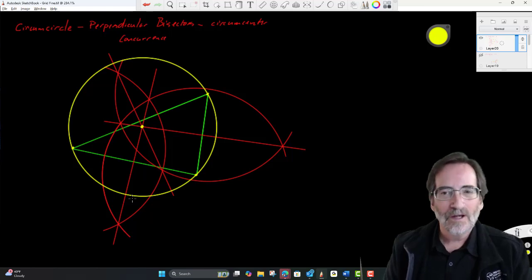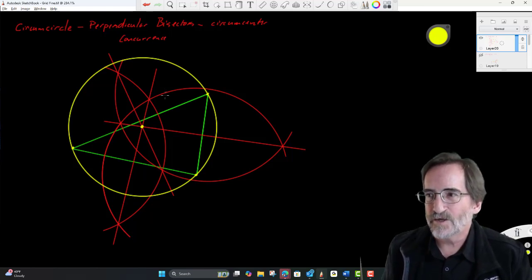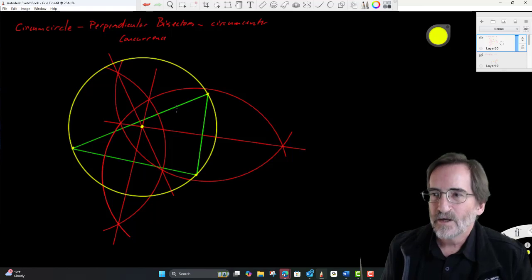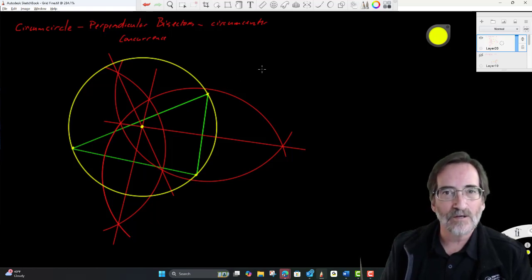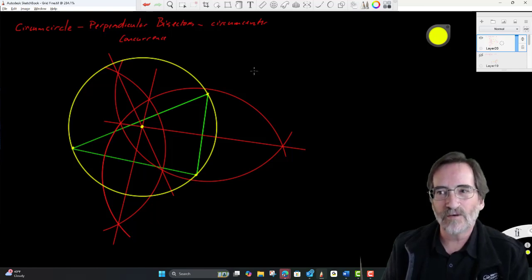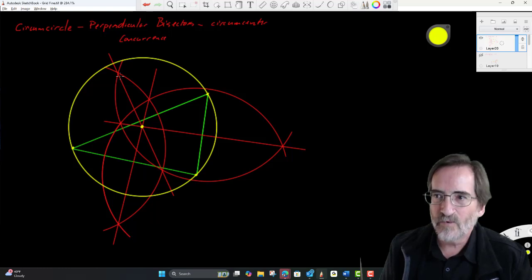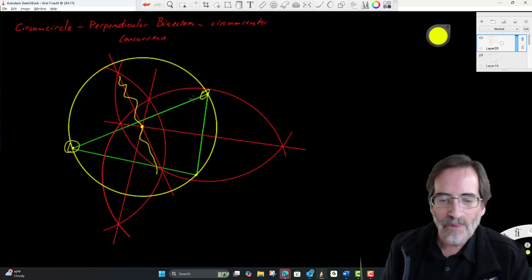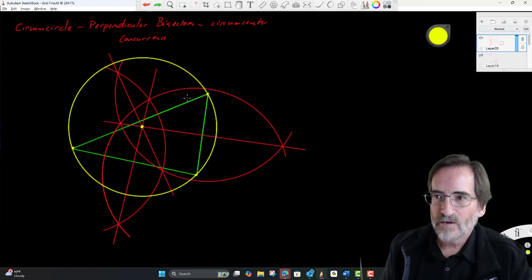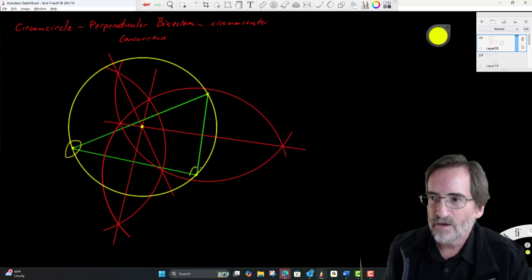All right, now for a little brief explanation as to why this works. You recall the perpendicular bisector theorem. It says that any point on the perpendicular bisector is equidistant from the endpoints. So any point on this line is equidistant from the endpoints. Okay? Well, also, any point on this line is equidistant from the endpoints.